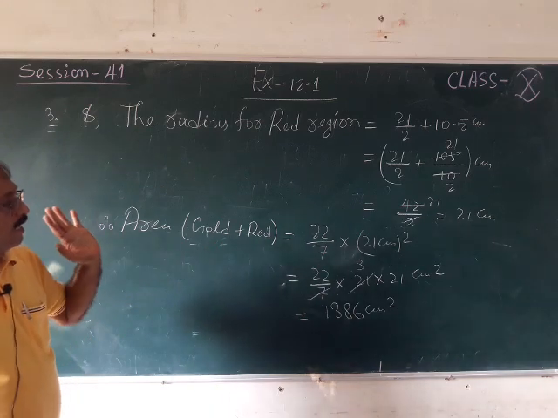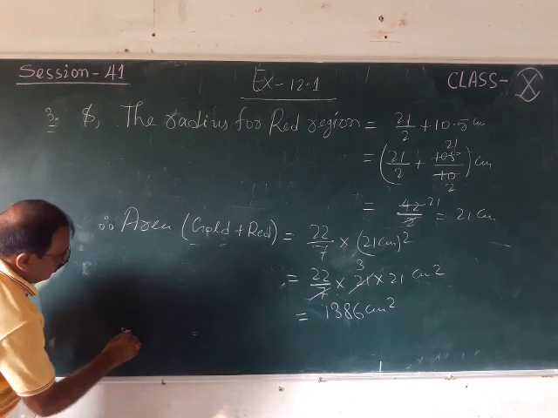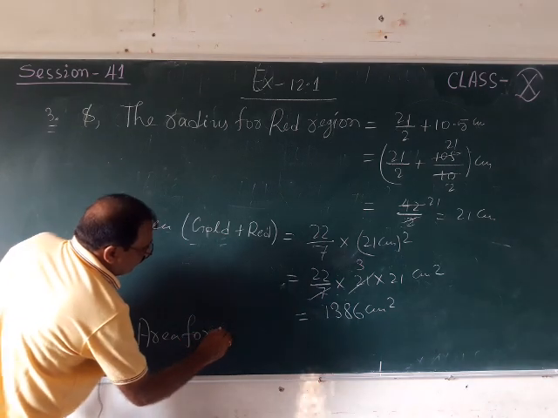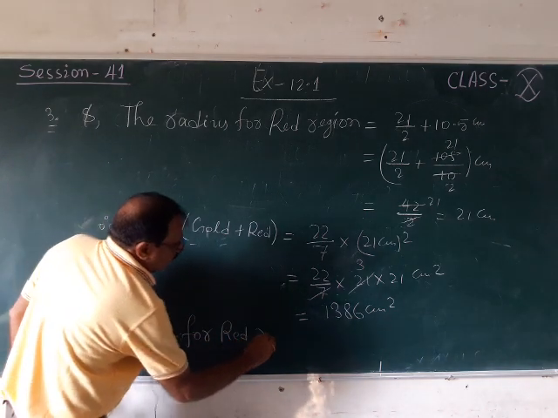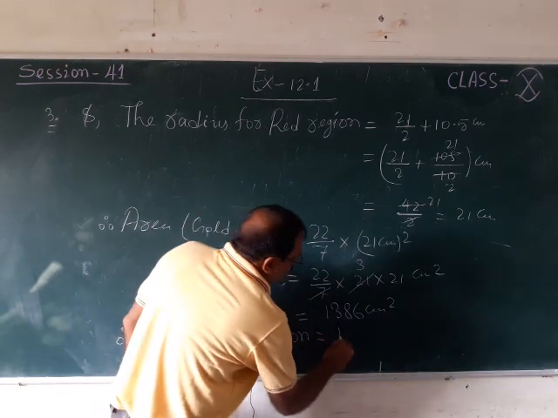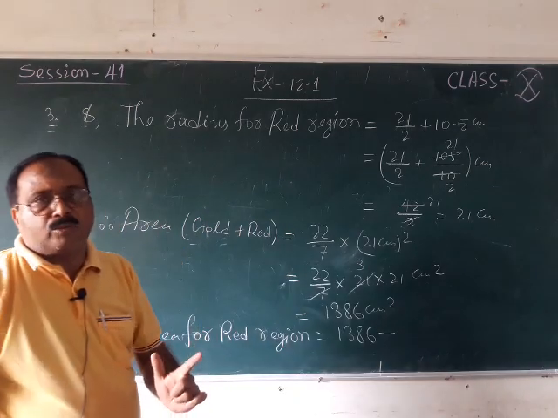You want to find the red region. Therefore the area for the red region will be equal to the total area 1386 minus area 1. Why minus area 1?